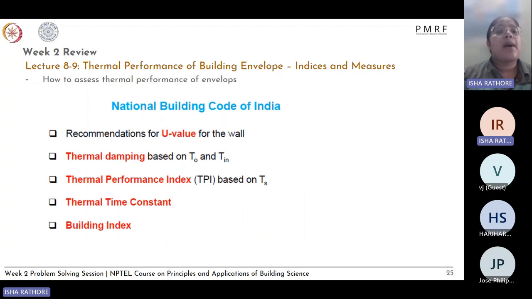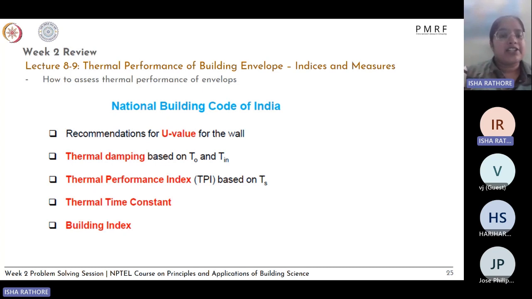Next we look at the indicators which are mentioned in the National Building Code of India. The National Building Code of India and Standard Procedure 41, or SP 41, which is one of the codes which looks at the thermal performance of buildings specifically, both refer to a few of these indicators and measures for assessing the thermal performance of envelopes, and they give certain recommendations and benchmark limits for all of these values.